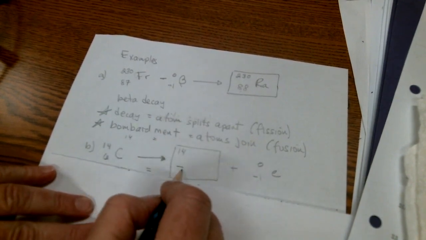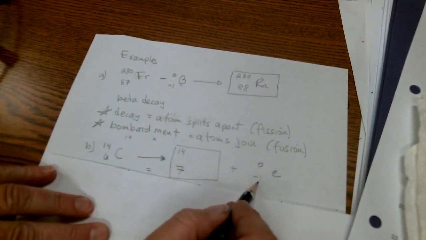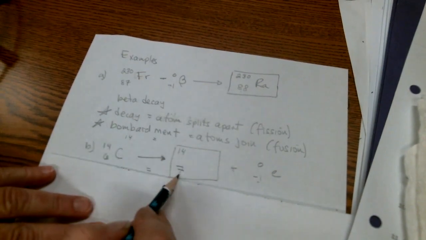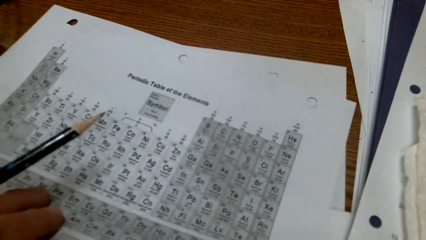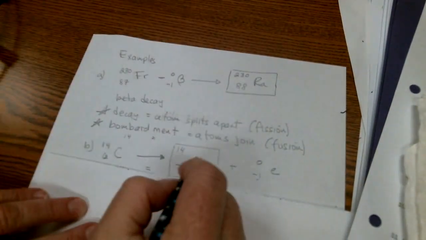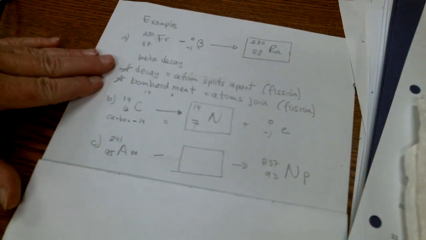So I'm going to put 7, and then I'm just going to check. 7 plus negative 1 means 7 minus 1. Does that give me 6? Yes. I'm going to look up 7 on the periodic table. 7 is nitrogen. And I'm done.